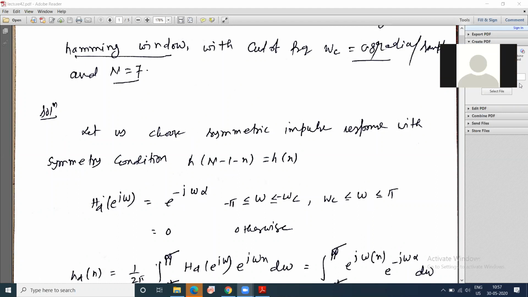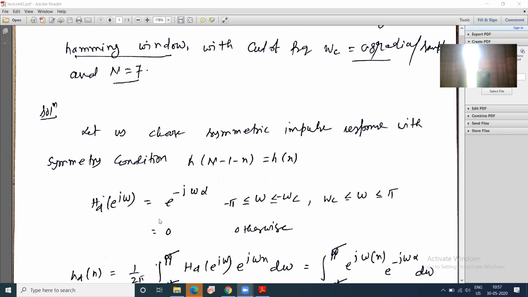Yes. Very good. So for high pass filter, your pass band will be minus pi to minus omega c or omega c to pi. This is your pass band, and it will be 0 otherwise. So this is the desired filter response.